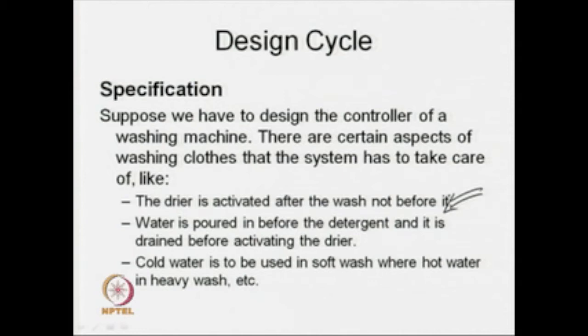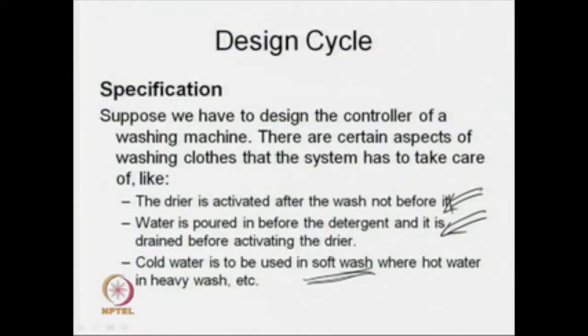Because first we wash the cloth, after that we activate the dryer to dry it. Second, one specification could be: water is poured in before the detergent, and it is drained before activating the dryer. These are our requirements, or the properties that my controller should satisfy.